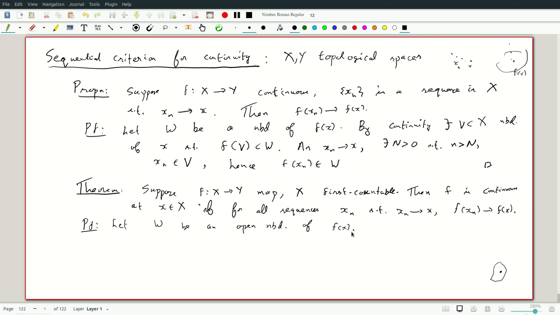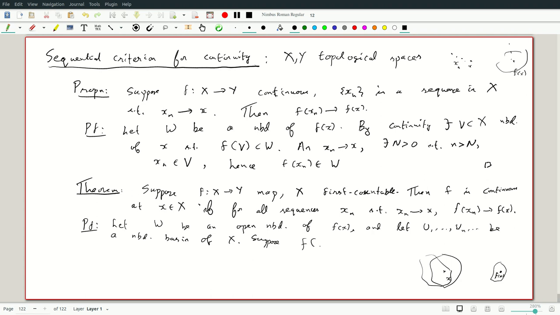And let U_1, ..., U_n, etc. be a neighborhood basis of x. So it's not the codomain, only the domain that we have assumed is first countable. So here is f of x, and here's the point x, and here we have the neighborhood basis. It need not get smaller and smaller, but we can intersect.